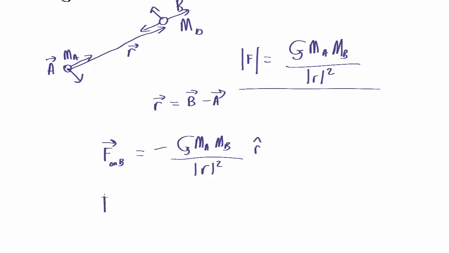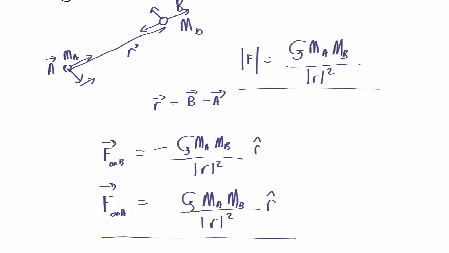And similarly, the force on A due to B is given by G m_a m_b over mod r squared. And this time it is pointing that direction, so it's not minus r hat, it's r hat. And that will give us the size and direction of the two forces. Now there's one trick we can apply.